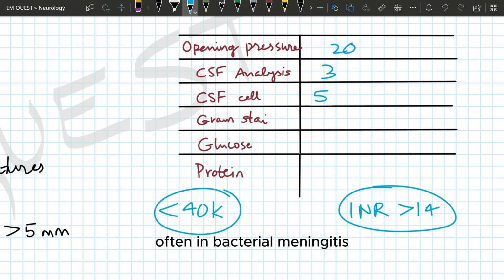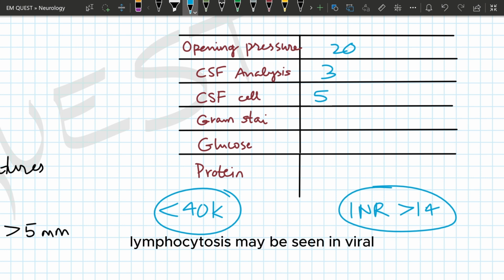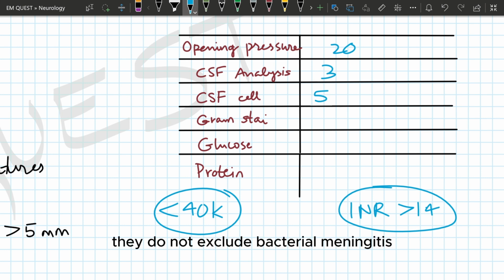Often in bacterial meningitis, the cells would be anywhere in the 1000 to 2000 range with a neutrophilic predominance. Lymphocytosis may be seen in viral or even in some cases of bacterial meningitis. Remember that even if your CSF cell counts are normal, they do not exclude bacterial meningitis, especially if the patient has risk factors of immunocompromised state.